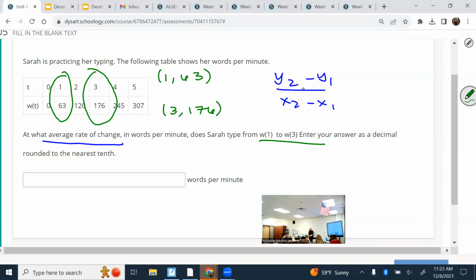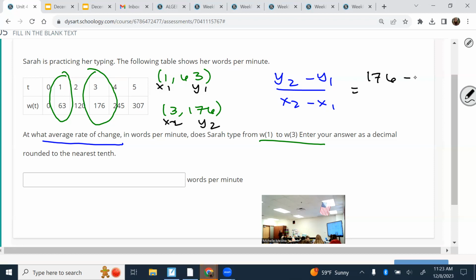And the way that you use this formula is you pick one of the coordinates to be x1, y1, the other one to be x2, y2, and then you just plug it in and solve. So the way that I labeled it, what's my y2? 176.